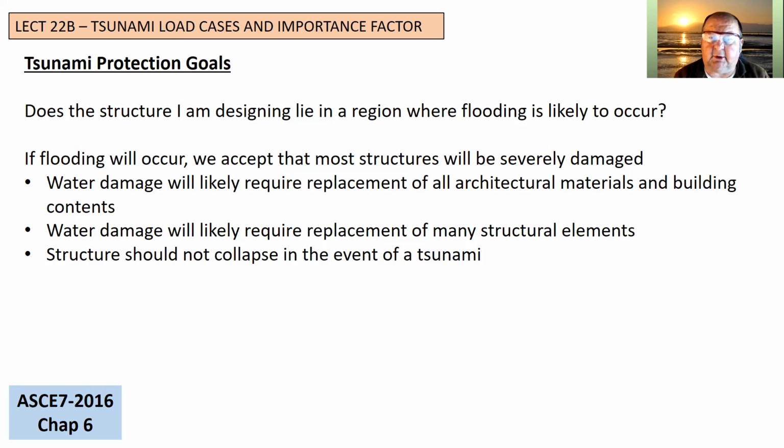The water damage alone is likely going to require replacement of all the architectural feature materials, building contents. The water damage will likely require replacement of several of the structural elements, but certainly the building code's intent is the structure should not collapse in the event of a tsunami, because that's when life safety really becomes a major risk.